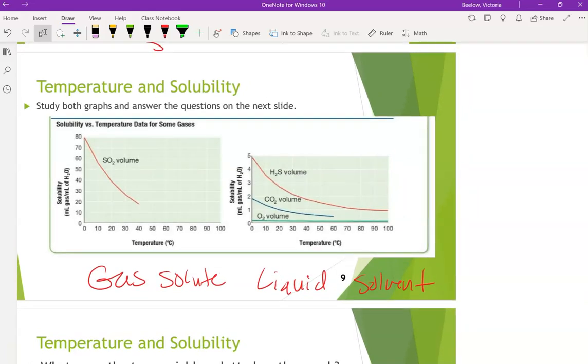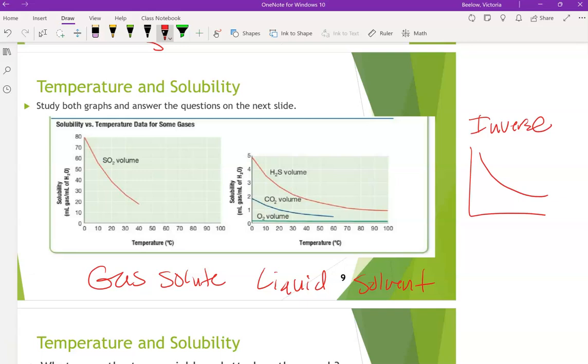You can see as the temperature is going up, the solubility is going down in both of these graphs. Both graphs also look like this. This is an inverse relationship.